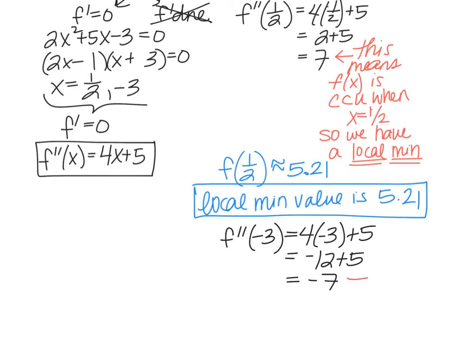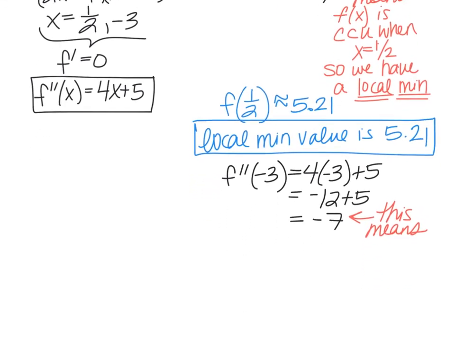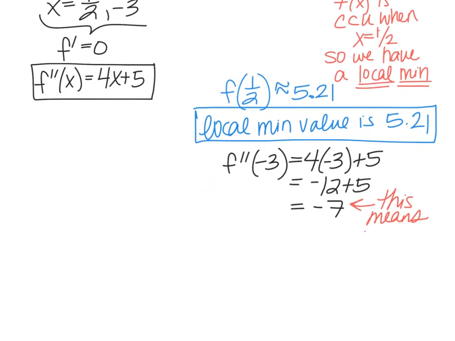So we ended up with a negative output, a negative second derivative value. So a negative second derivative means that the function was concave down. So this means f of x is concave down when x equals -3.